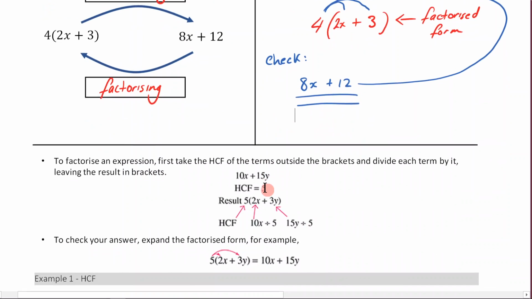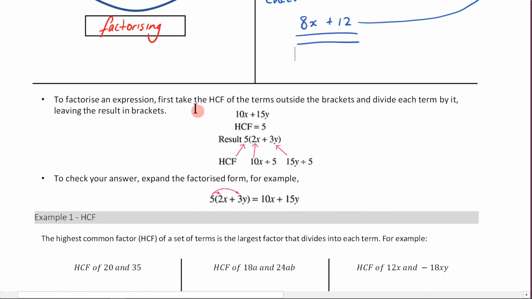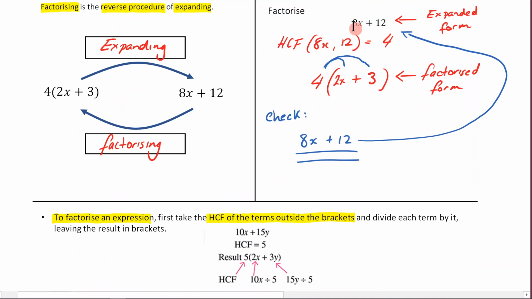Okay, let's now go through a strict formal definition of the procedure. It says, to factorize an expression, first take the highest common factor of the terms outside the brackets. So that's what we did there. Here we had 8x plus 12. We found the highest common factor, which was 4, and we took it outside the brackets.